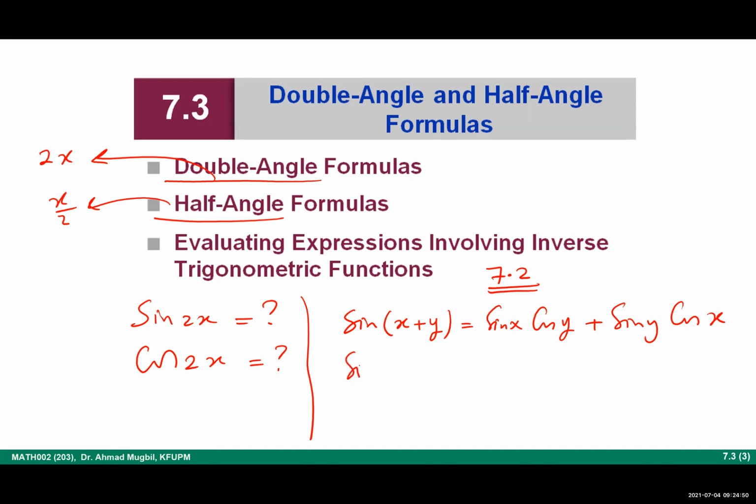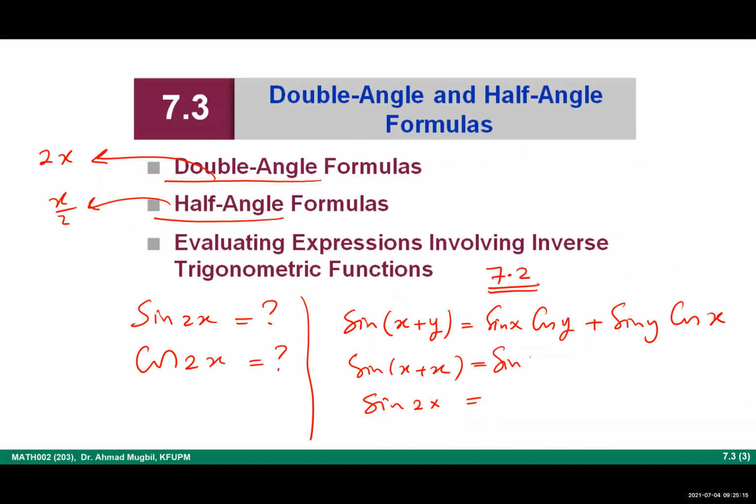Now, to find sine 2x, you know what sine 2x is. It is sine of x plus x. What is sine x plus x? It is sine 2x. So just use the same formula, but instead of y, use x.